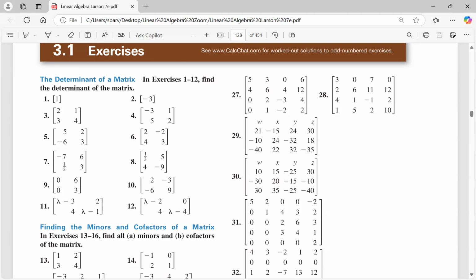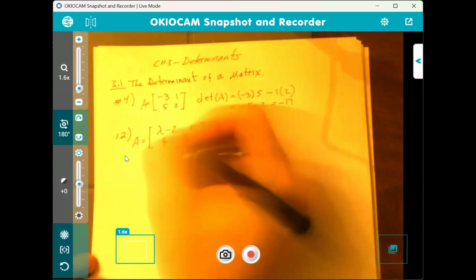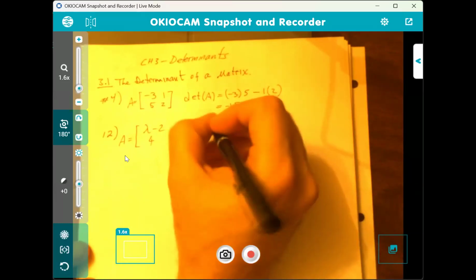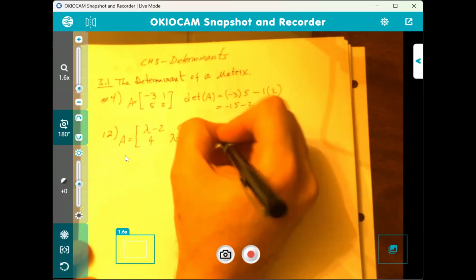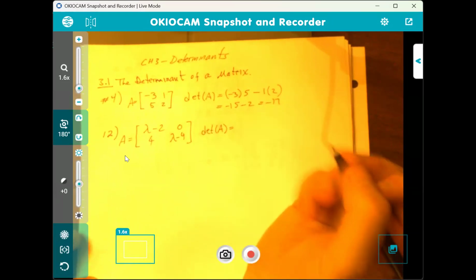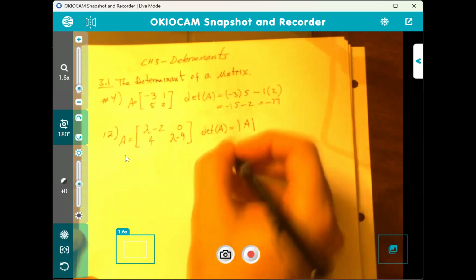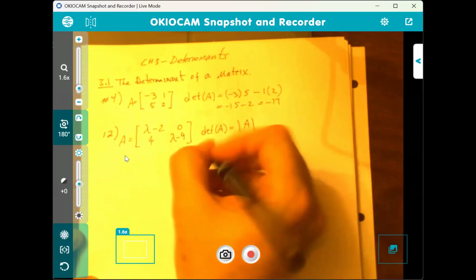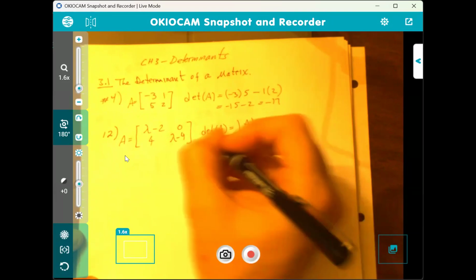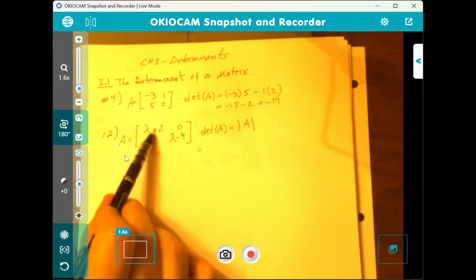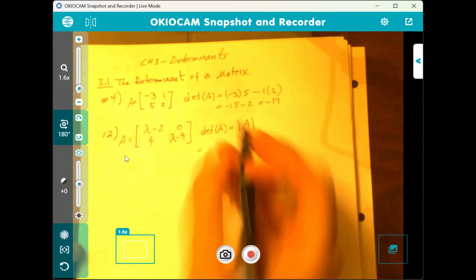So let me, again, switch back to my notepad. And there you go. So to do this one, we're going to do exactly the same thing. Determinant of matrix A. I'm going to put the determinant symbol in case you see it, so we don't completely forget that symbol. Is going to equal to, remember, we're going to multiply the diagonal elements.